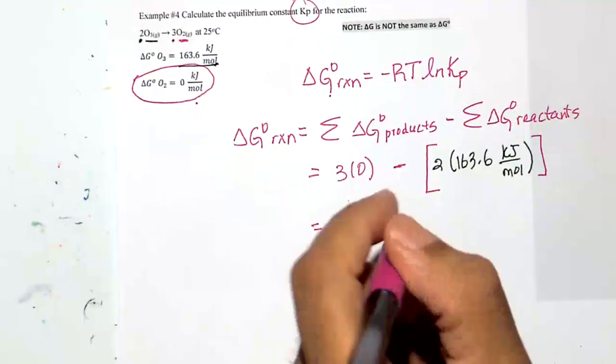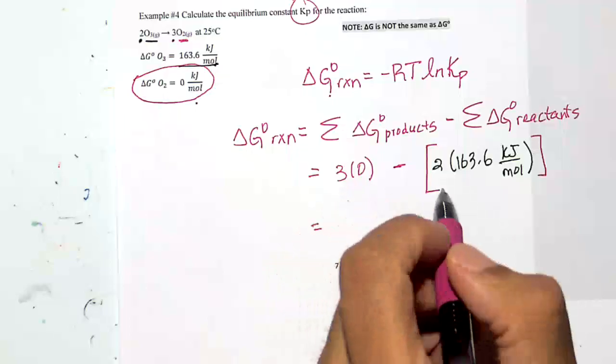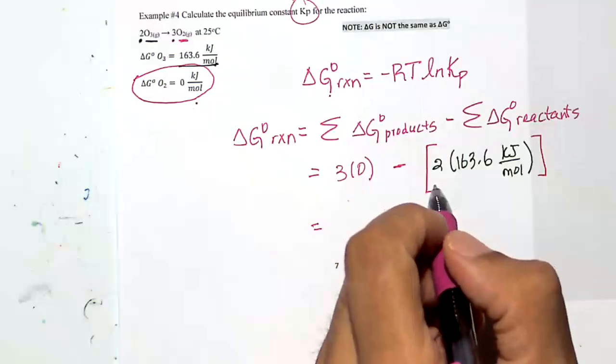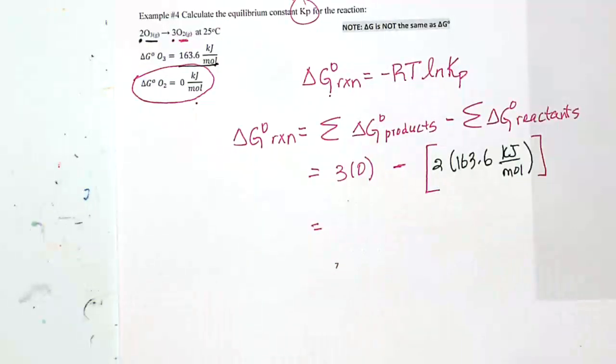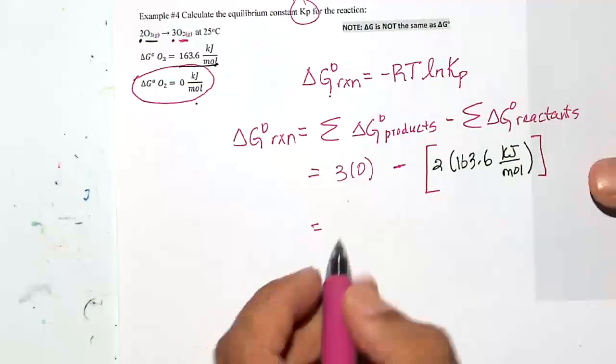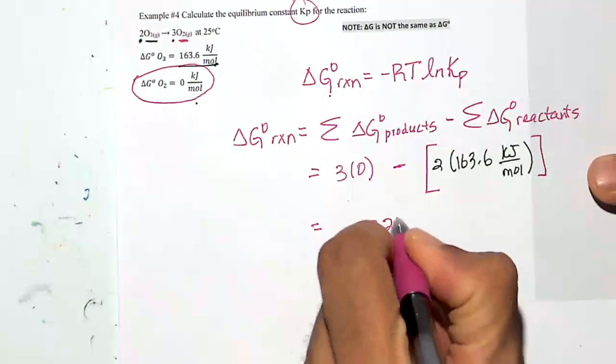Delta G for this reaction at standard state. What's 2 times 163.6? Oh, I don't have my calculator. Minus 327.2.